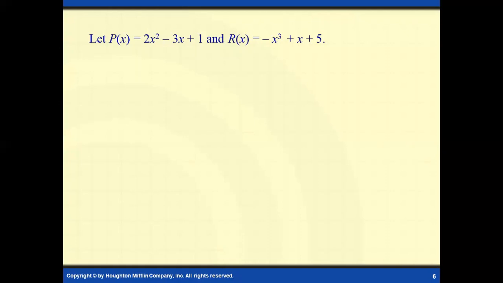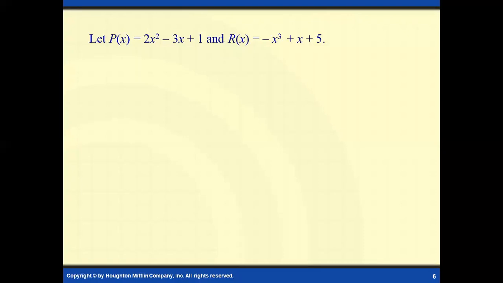Now you are going to use plus to open this bracket. And so this should be 2x squared minus 3x plus 1, plus times minus, minus x cubed, plus times plus, plus x, plus times plus, that will be plus 5.